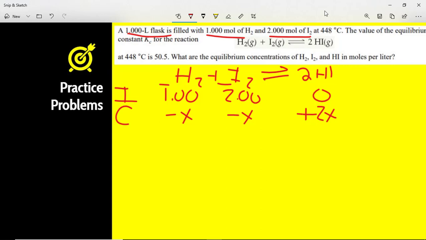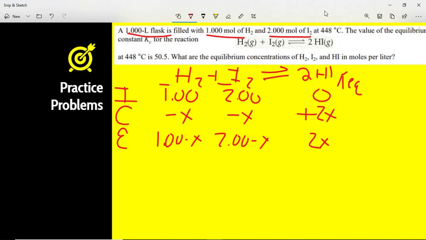So now we have formulas for our concentrations at equilibrium. This is 1.00 minus X. This is 2.00 minus X. And this is 2X. Now let's plug those into our equilibrium constant expression.